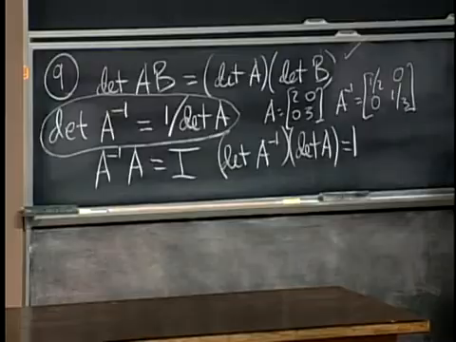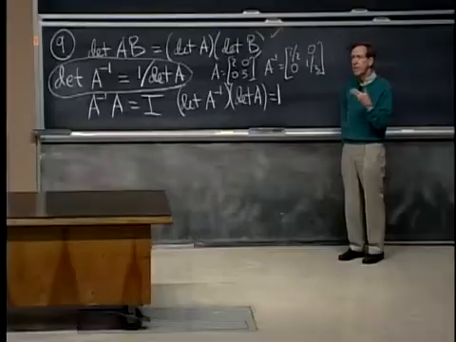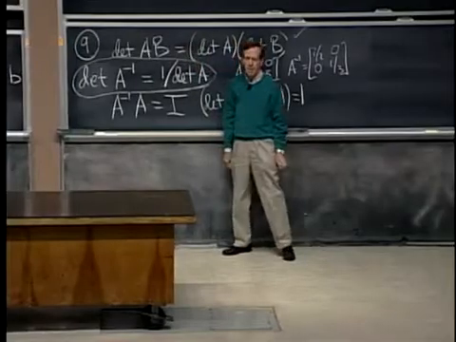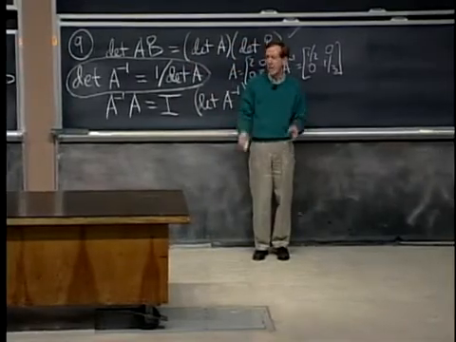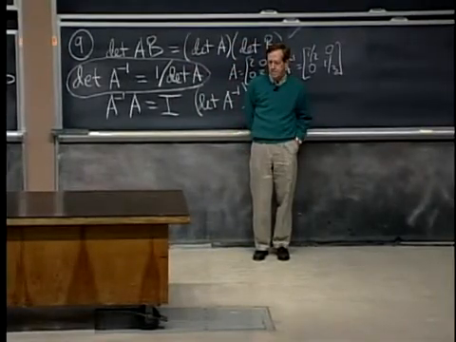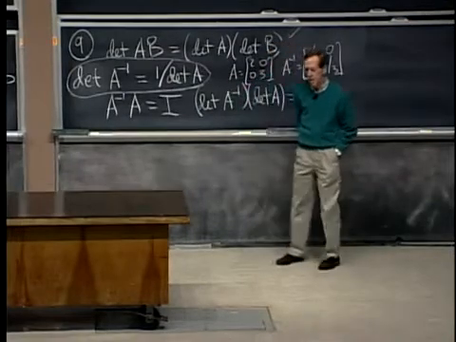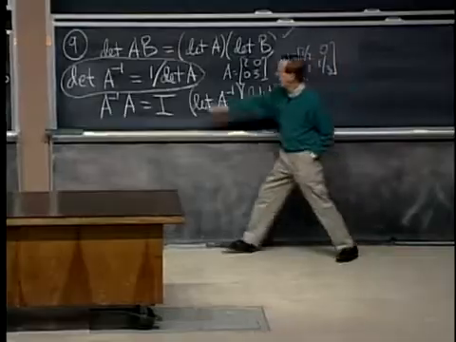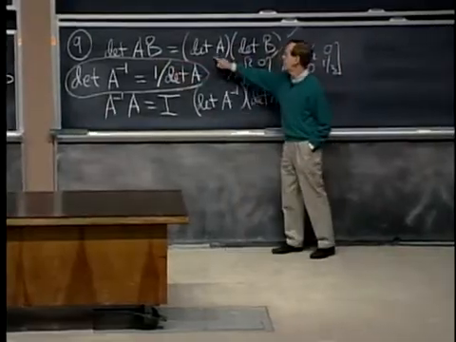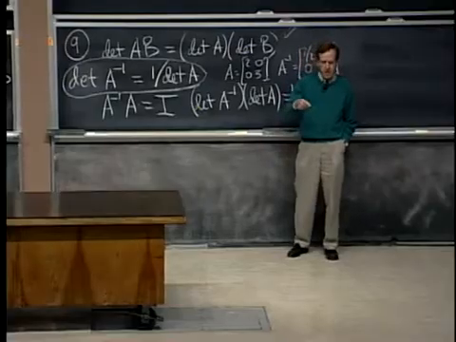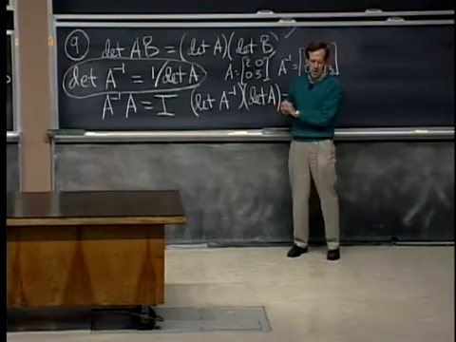It also tells me what else? What's the determinant of A squared? If I take a matrix and square it, then the determinant just got squared, right? The determinant of A squared is the determinant of A times the determinant of A. So if I square the matrix, I square the determinant.